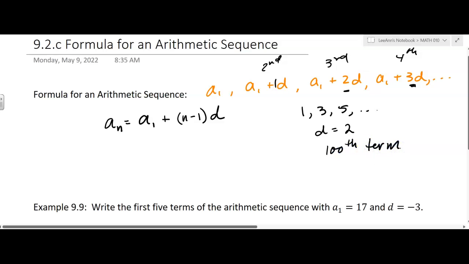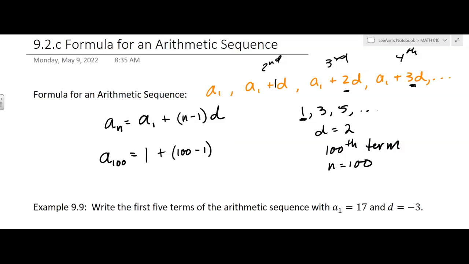Well, then I'm going to find a sub 100. So my n is 100. That's what that means. And then I'm going to have my first term, which is 1. We know that. Plus 100 minus 1 times d. Oh, we know d. d is 2.